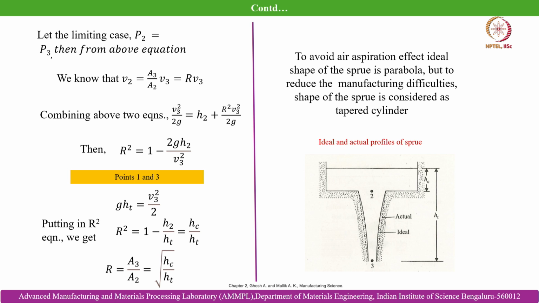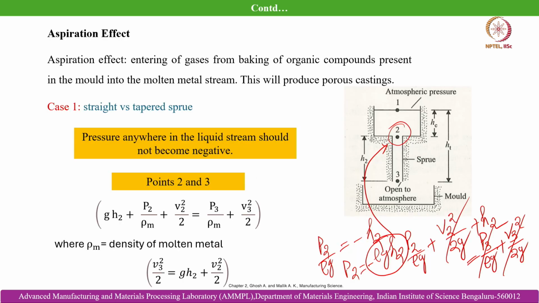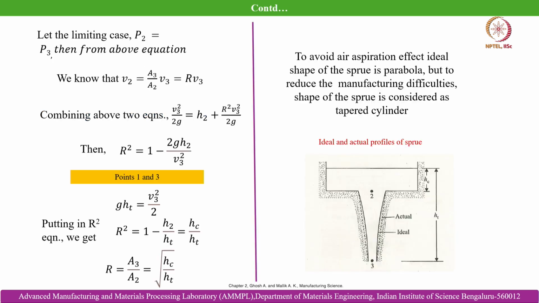However, that becomes very difficult to machine, and that is why the nearest best solution is to have a tapered cylinder as the sprue geometry. Now, if we need to get the dimensions of this tapered cylinder, that is, how much taper it should have, then we need to apply Bernoulli's equation again between point 2 and 3.